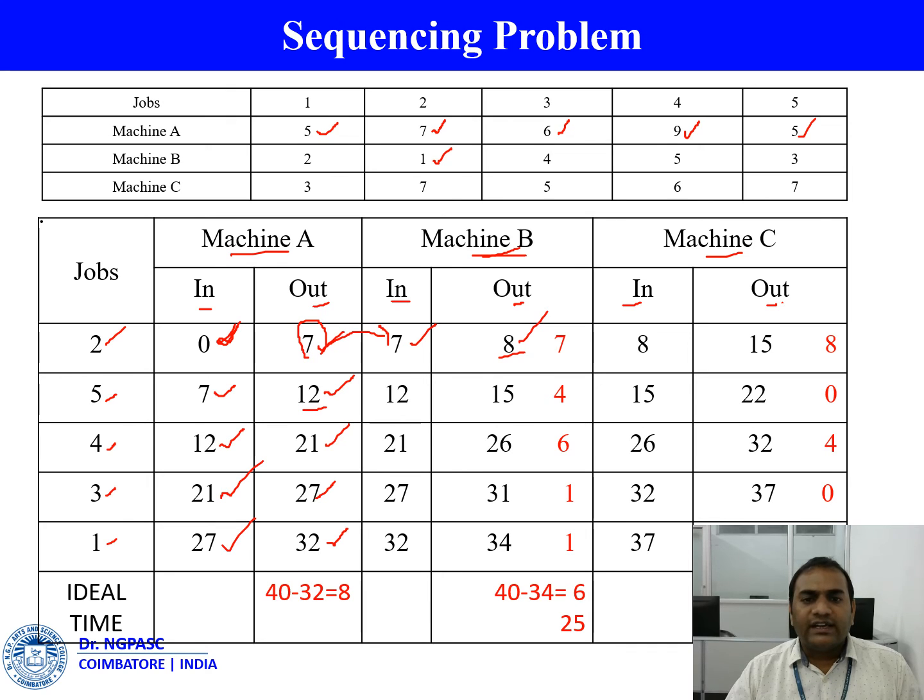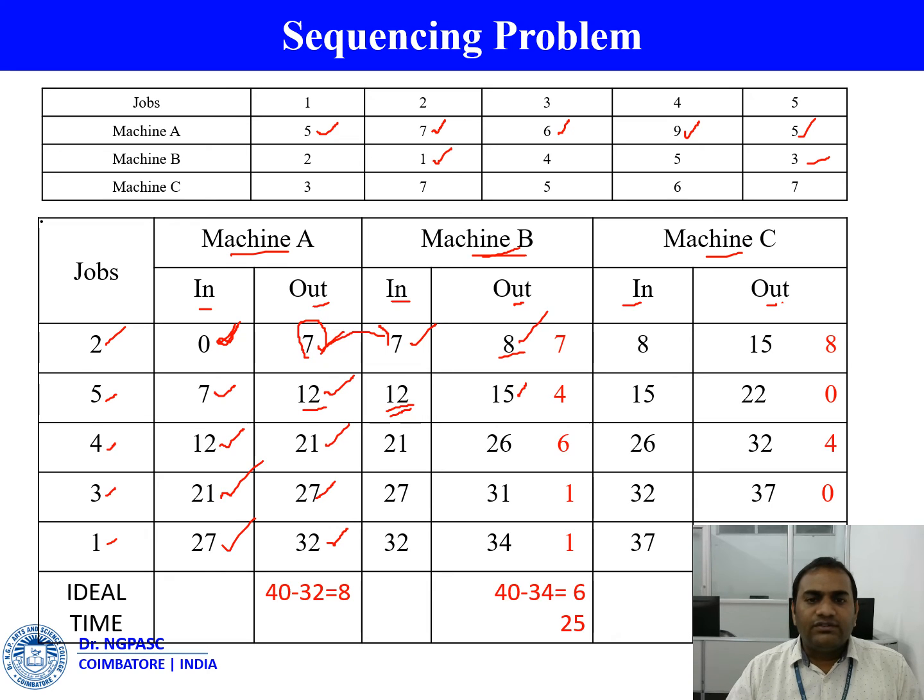Comparing these two values, 8 and 12, the greatest value is 12. So enter the greatest value here. In job 5 the processing time for machine B is 3. So 12 plus 3 is 15.